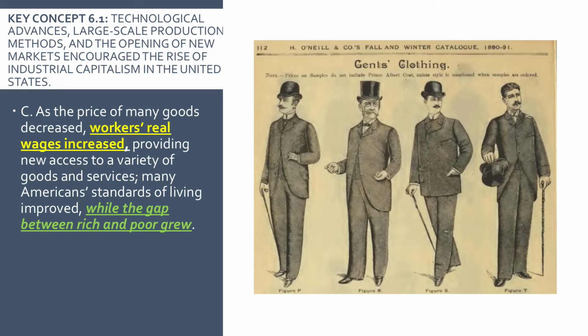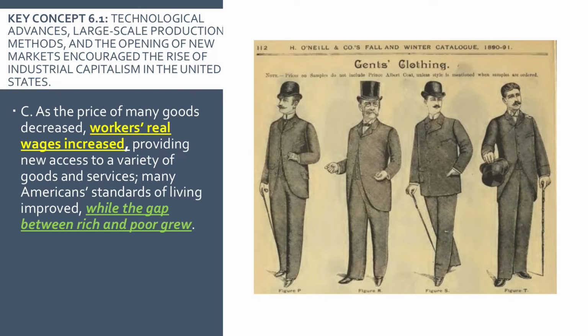And advertisement starts to come along. You can see right here from 1890 and 1891, advertising the new styles in men's clothing. And this becomes a big deal for a lot of people. New access to a variety of goods and services, as you see here in our concept.